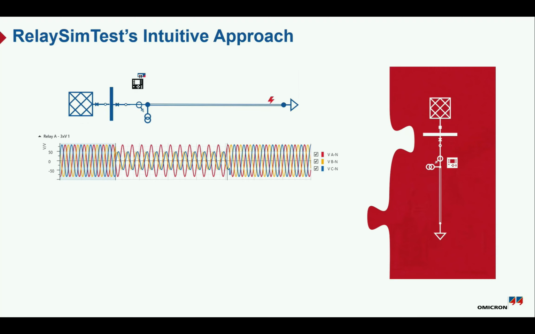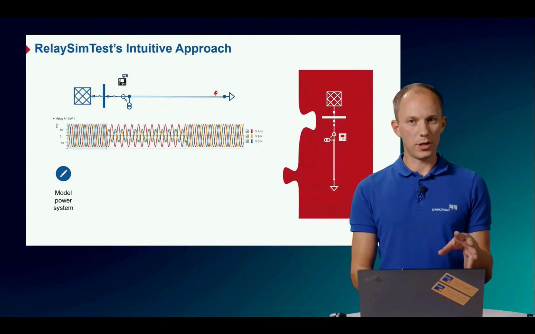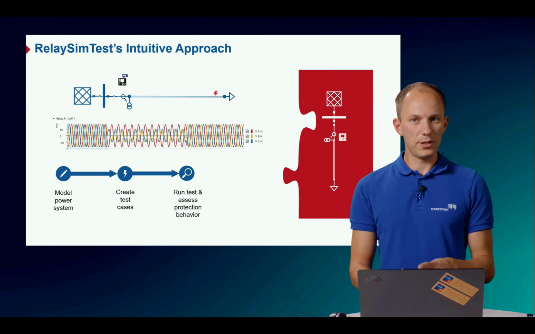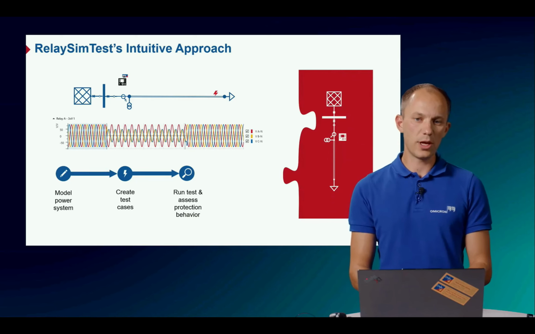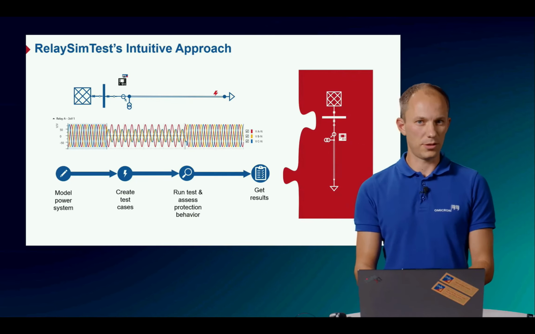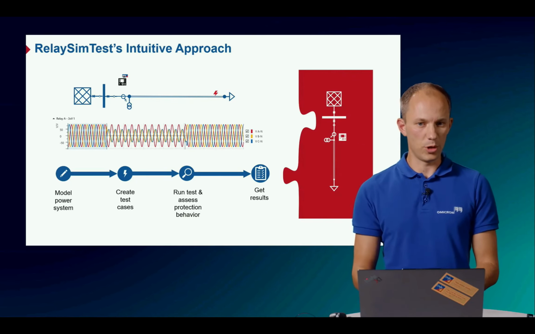We inject this, also the currents, to the relay, and then we measure back the reaction of the relay. So the focus is definitely on modeling the power system, then creating some real-world test cases, then running these test cases and assessing afterwards the protection behavior, and in the end you will get the results in the form of a report.